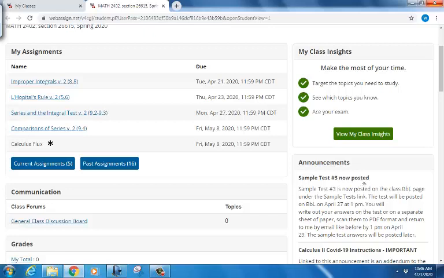I will post the answers to the sample test by this weekend, so you will have those to look at to help you correct your mistakes on the sample test prior to the test. I also have to post the answers to test number 2, although that's a little less urgent, but I do want to post those as well, and I need to send you instructions for how the calculus flux is going to work.